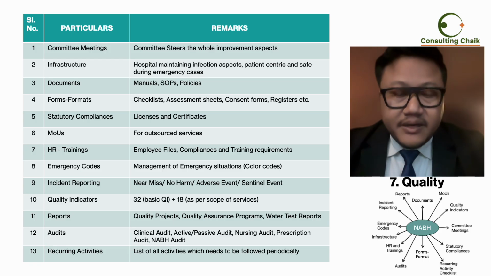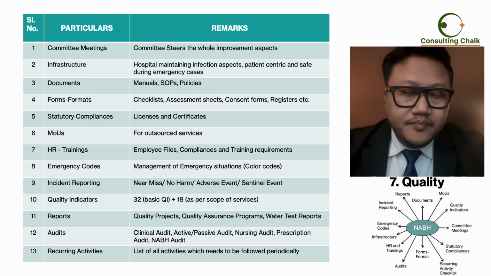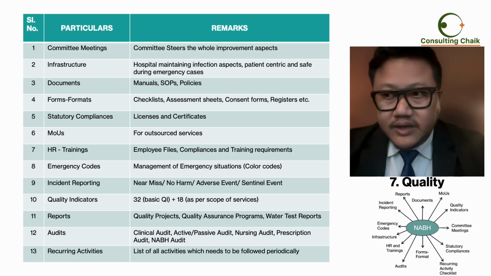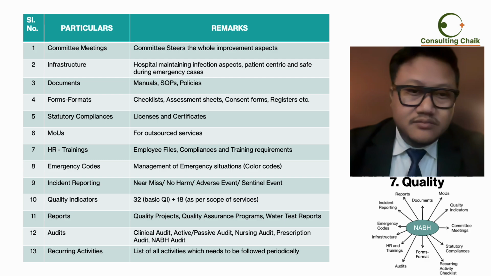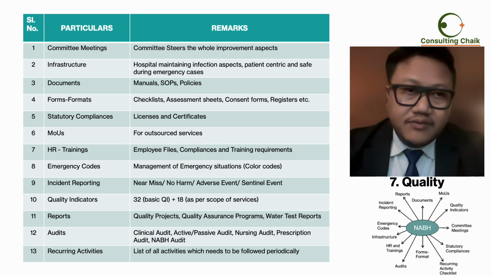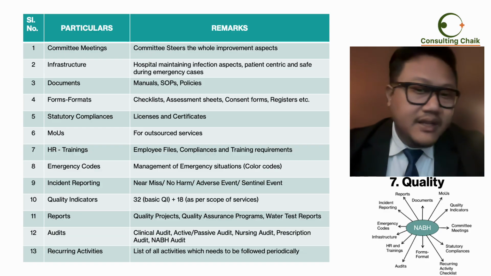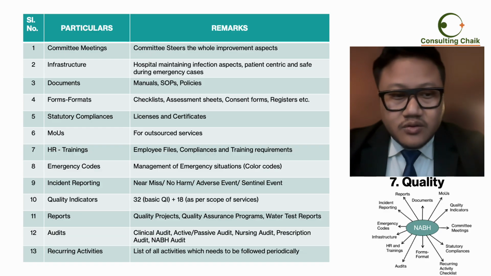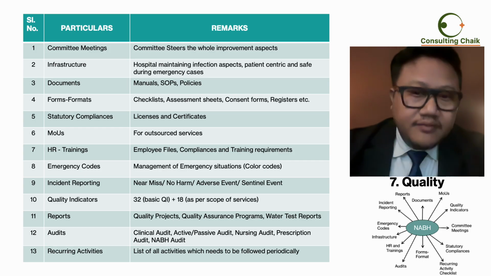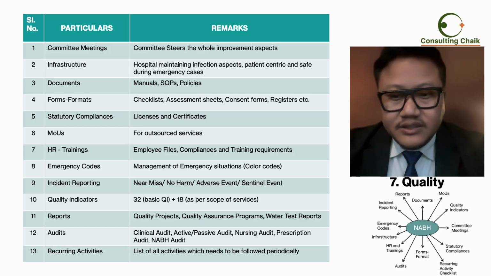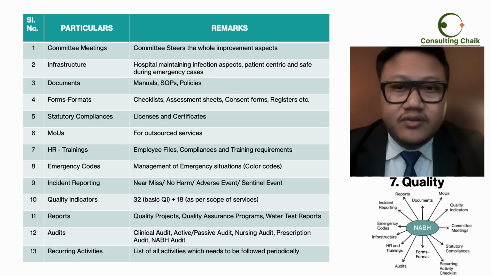Many times I have faced this problem that I said, please do this, please do active audit. They have done it once, they have shown me once. After 3-4 months when I go back, I see that those things are not done on a monthly basis. So for that you have the recurring activity checklist. So this is it for quality.